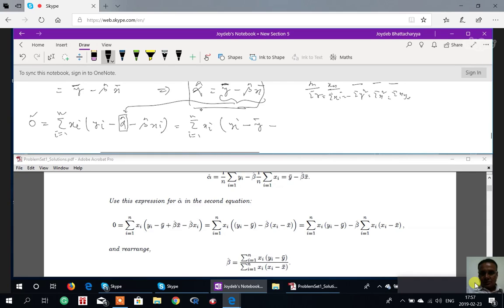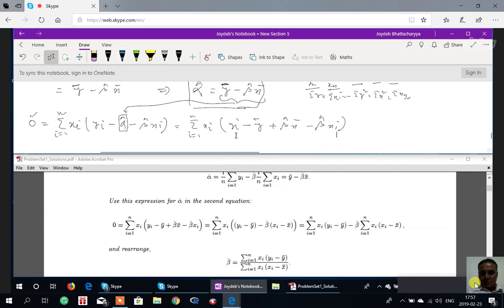So it will be yi minus y bar plus beta hat x bar minus beta hat xi. Using the correct sign, minus alpha hat means minus of the entire thing, so this becomes minus, this becomes plus, and then minus beta hat xi sits like this.